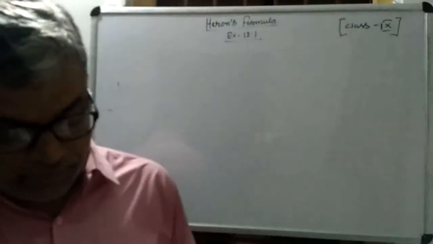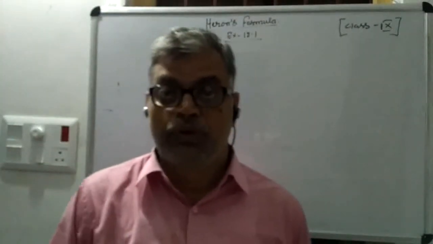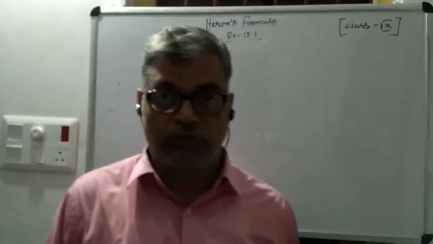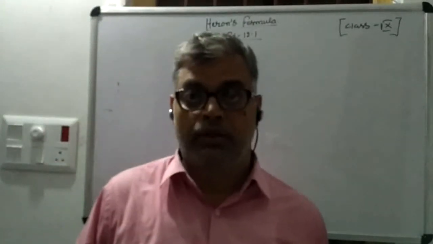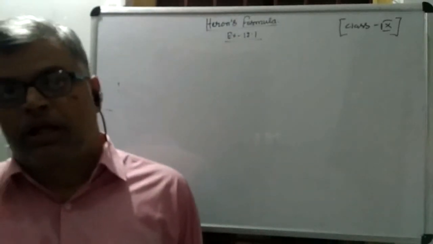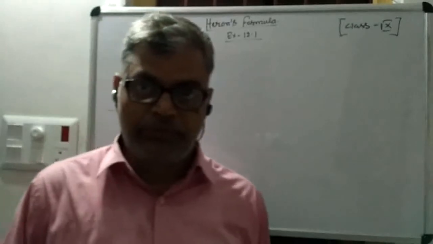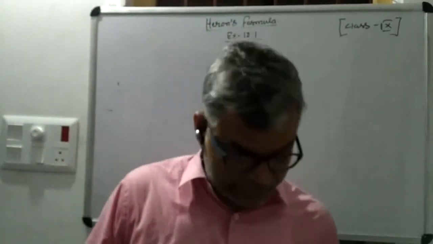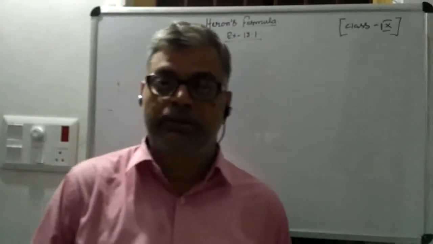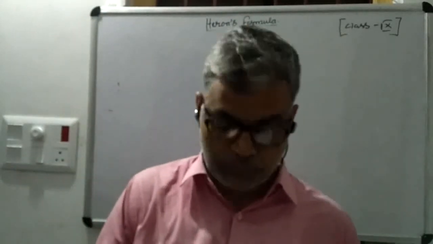Hello students. In my previous video I was discussing Heron's formula, the method of finding the area of a triangle, and I discussed a few questions from exercise 12.1. I think I discussed question number 1 and 2.